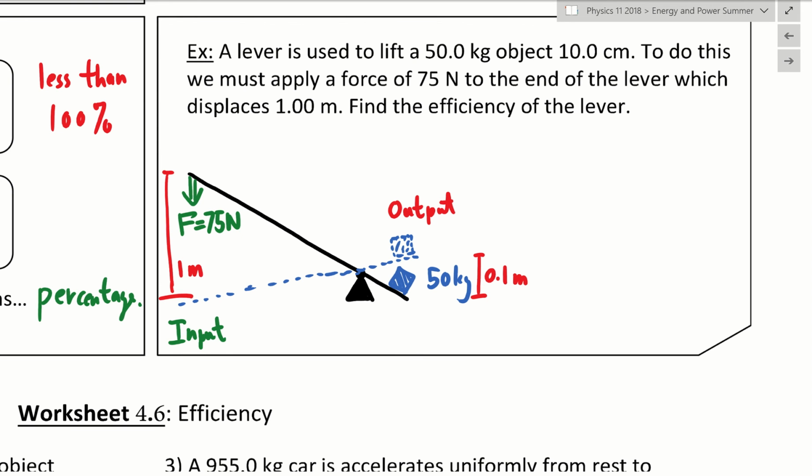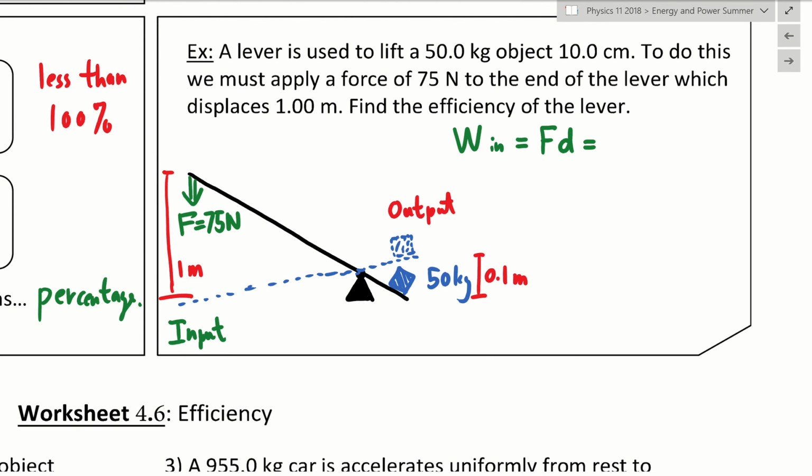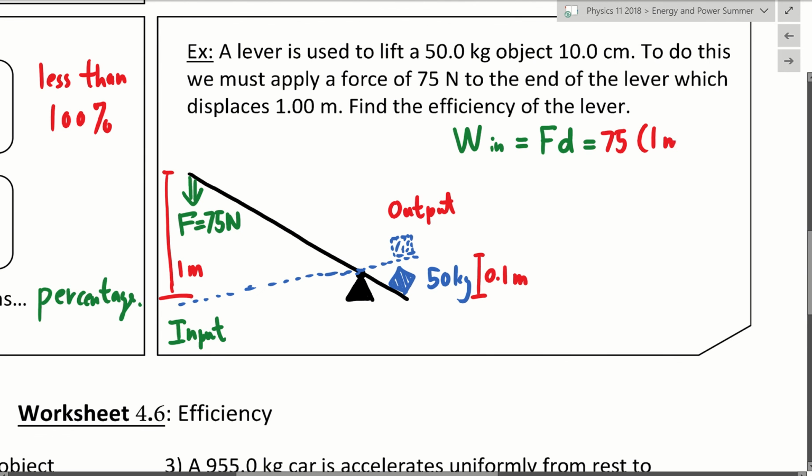On the left-hand side, where's the input? What is your input work done? Well, work done can be calculated by force times distance. You have an applied force of 75 Newton, and a distance moved of 1 meter. So on that side, your total energy input is 75 joules.